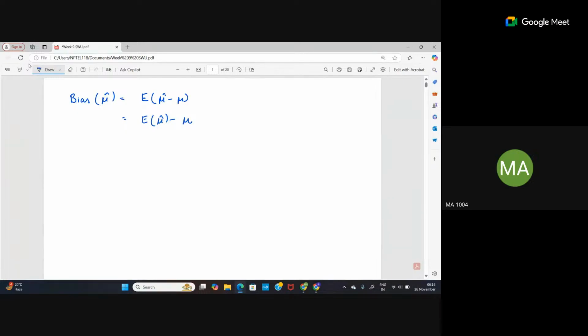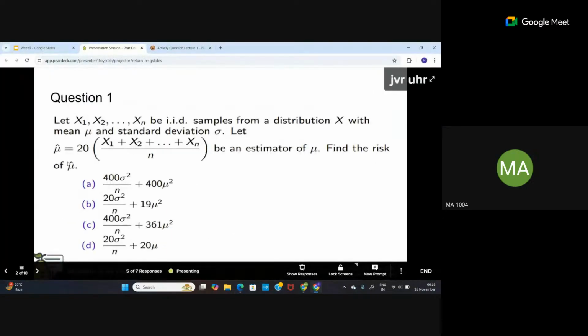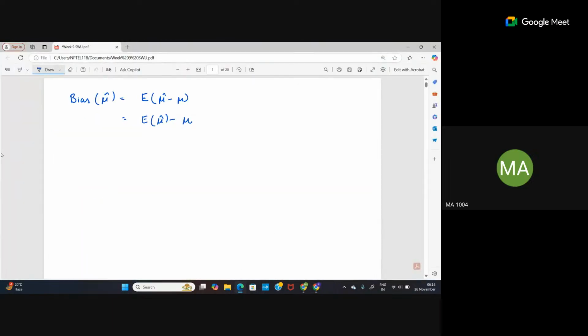And mu hat is given to you in the question: mu hat is equal to 20 times (x1 plus x2 up to xn) divided by n. So we can write it as the expectation of 20 times (x1 plus x2 up to xn) divided by n, minus mu, right?